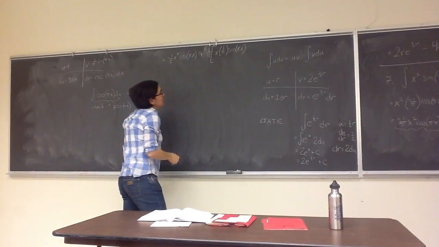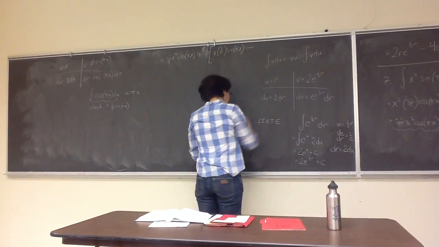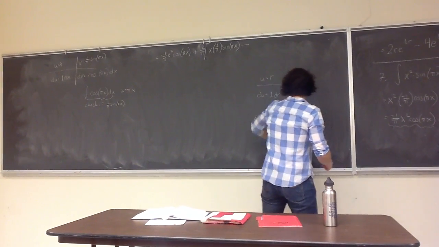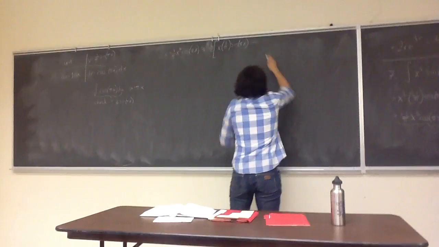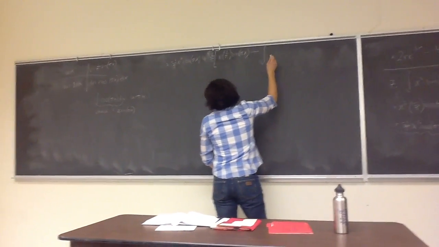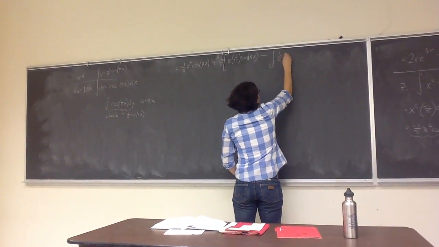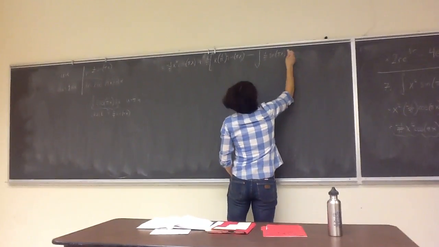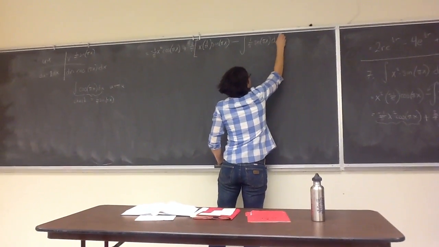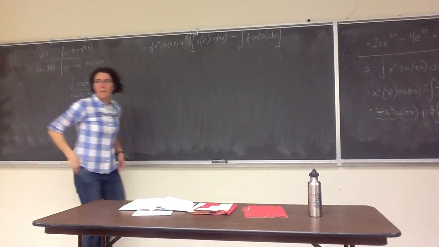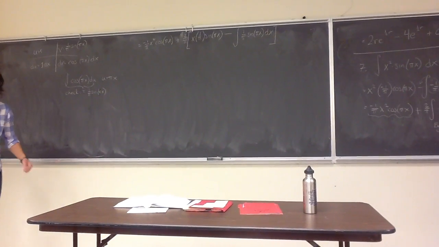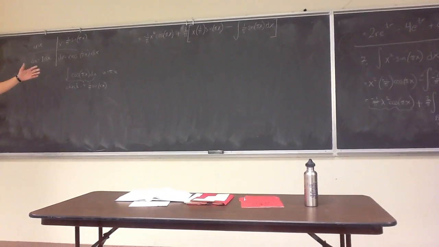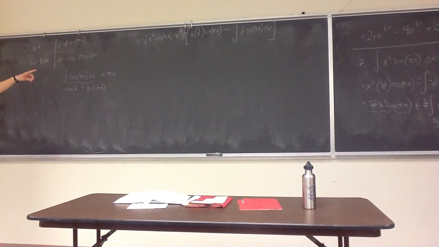So uv minus the integral of v, 1 over pi times sine of pi x, du, which is equal to v dx, and bracket. So at this point I stop again, and the first thing I do is ask if there are any questions about that.